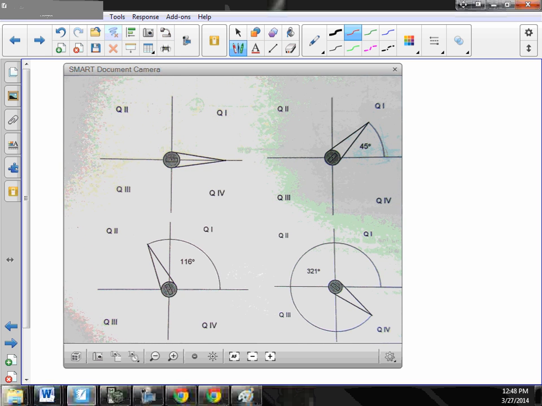Suppose we have a dial, and the dial is anchored at the origin, and then the dial extends along the positive x-axis. So right here. When we're measuring angles in the Cartesian plane on the xy graph, this line is called standard position.